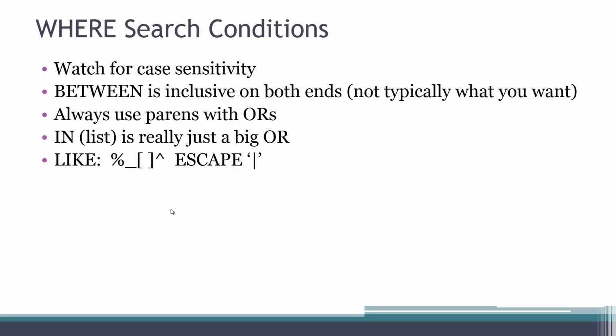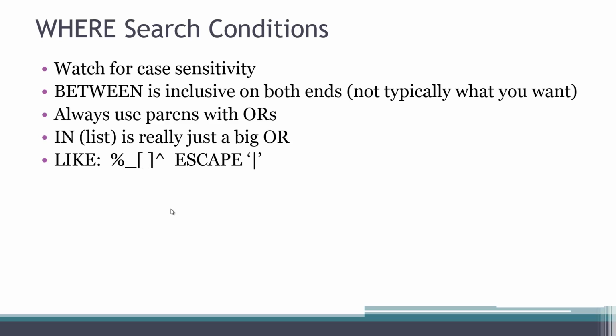Also, if you're looking for colors that are red and you type red in all lowercase and your database and that column are case sensitive, then it will look for a lowercase red, and any of the uppercase R reds won't be returned.